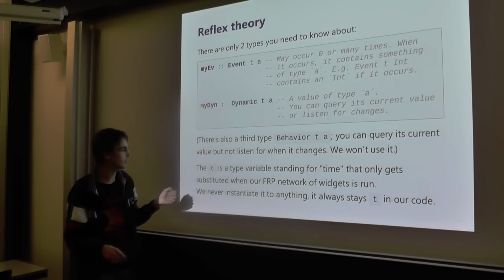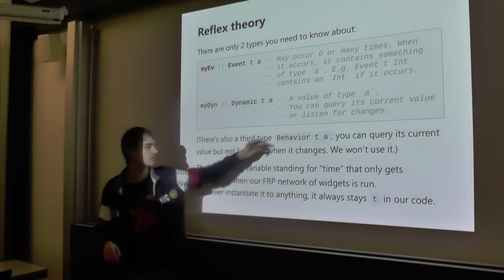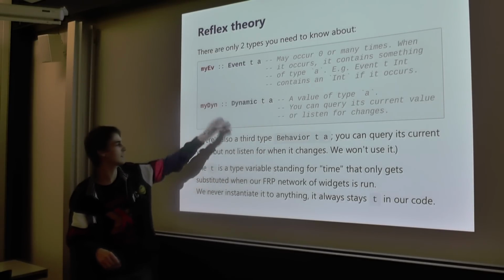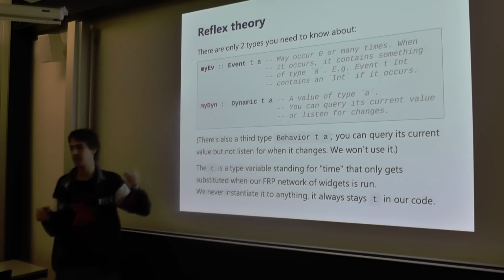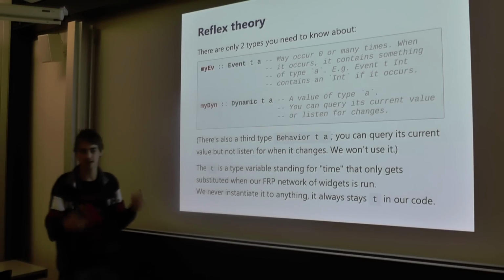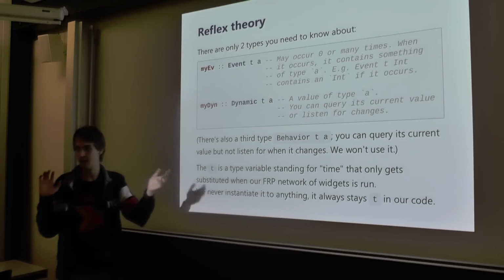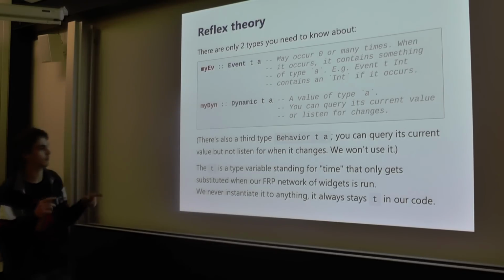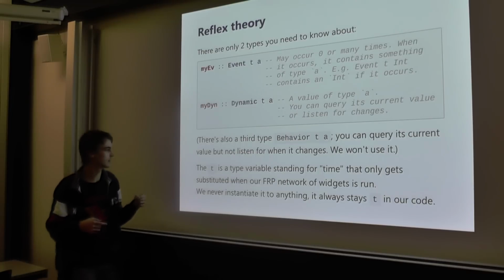So there's also a third type, which is called a behavior, which is basically like a dynamic, but you cannot listen for updates. It's just something you can query. For example, the current time. You can ask, what is the current time? You get the value back, but you won't get pinged every time it updates, because it's a floating thing. There is no concept of atomic updates to it.